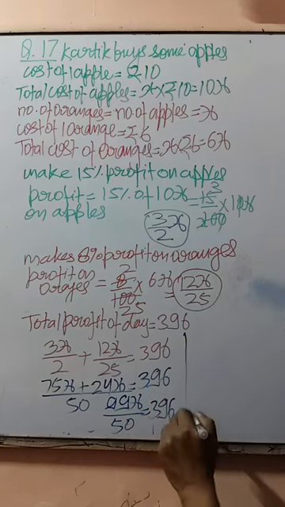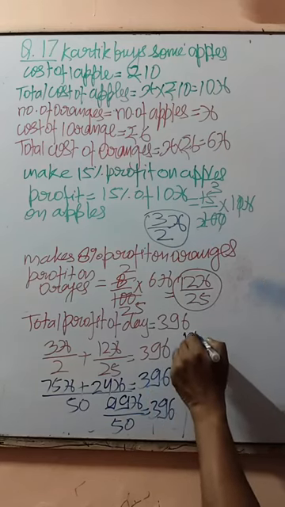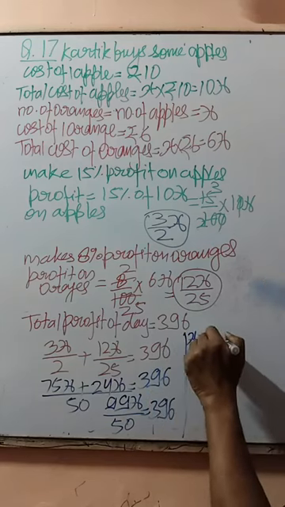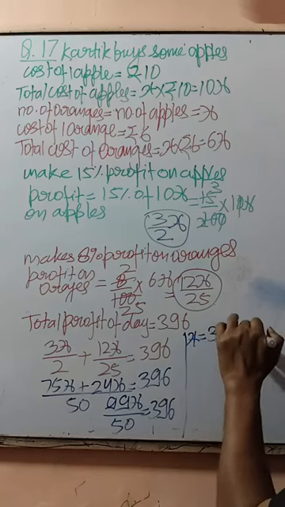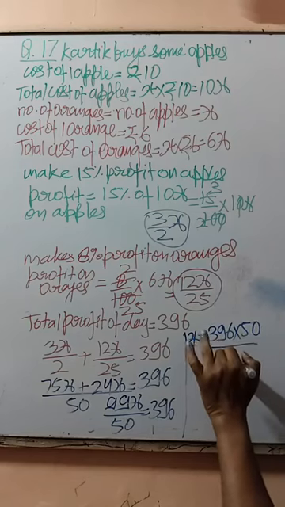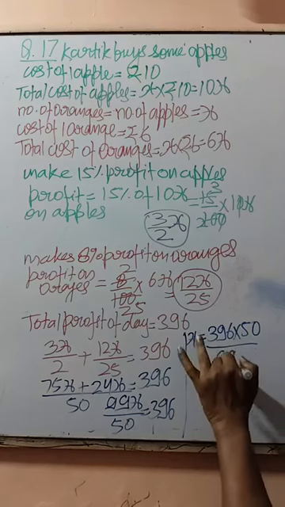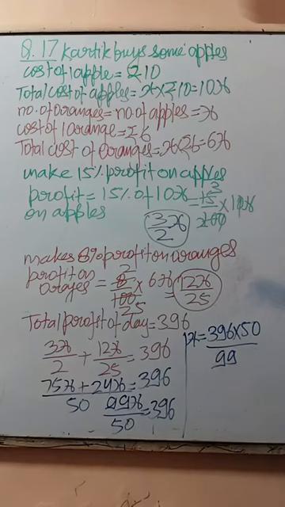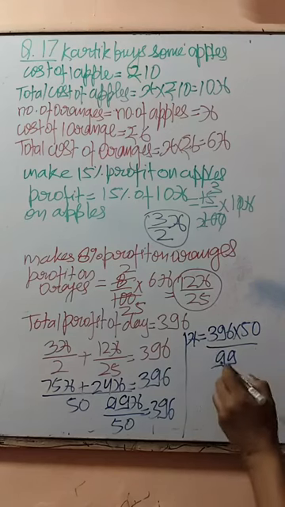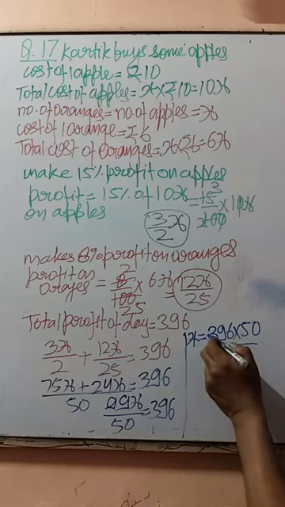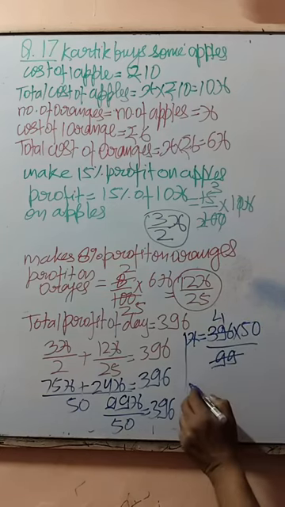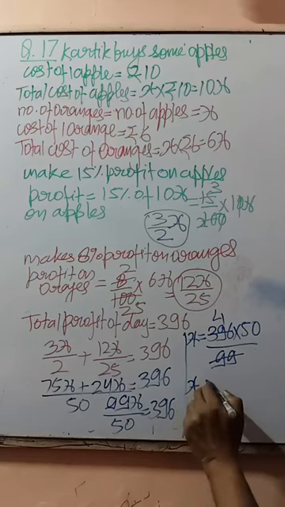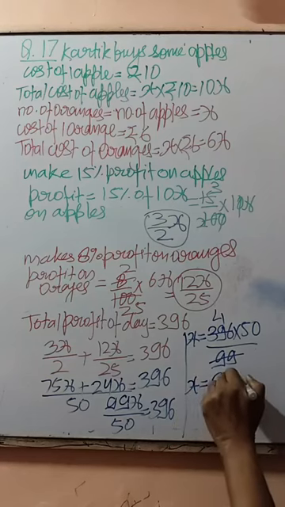So now we get x is equal to 396 into 50 upon 99. 99 multiplied by 4 is 396, and 4 times 5 becomes 20, so 200.